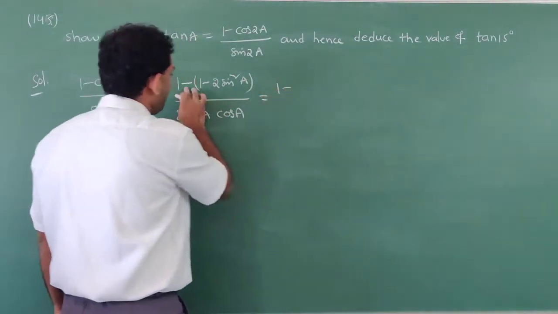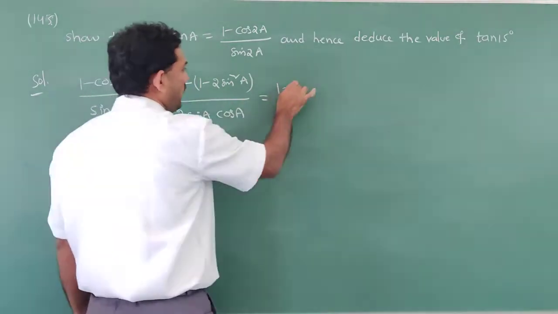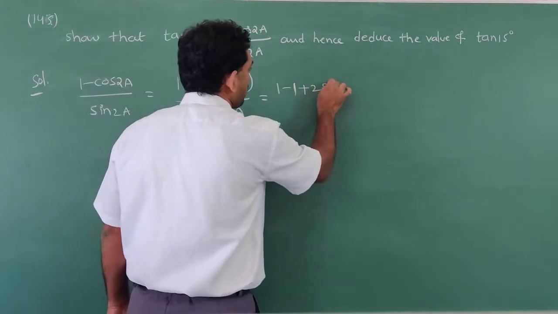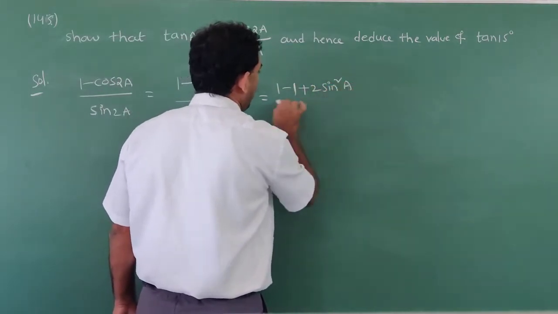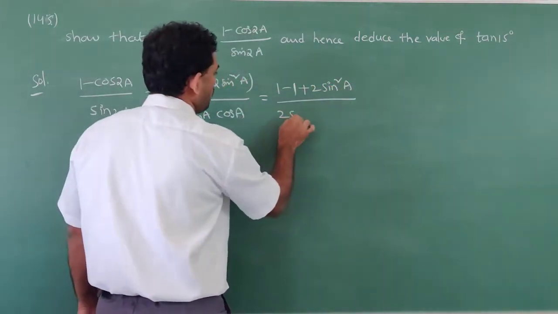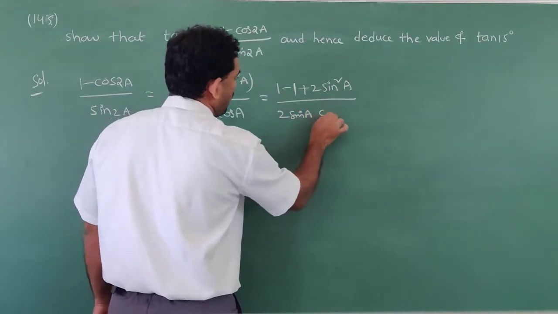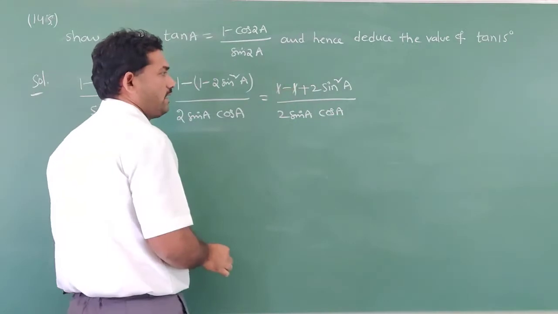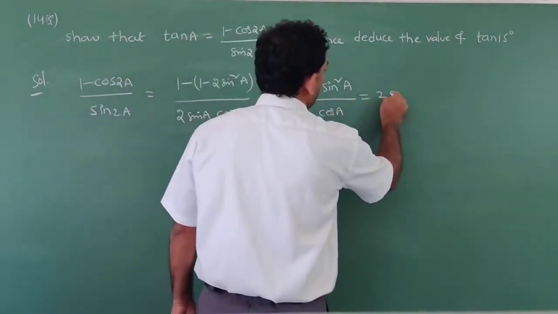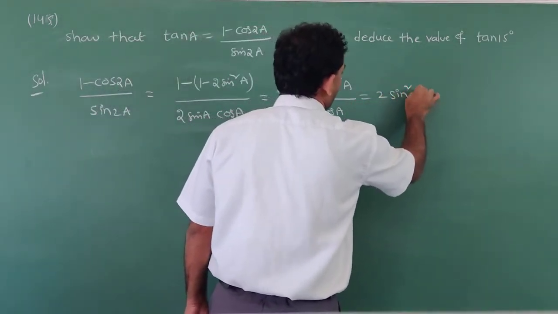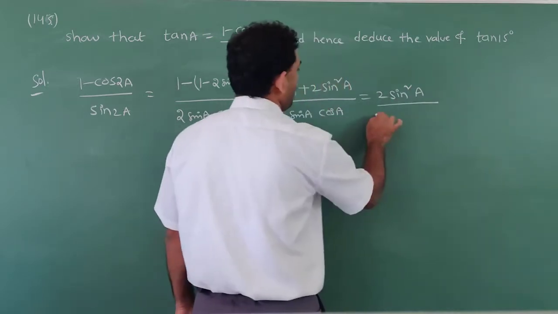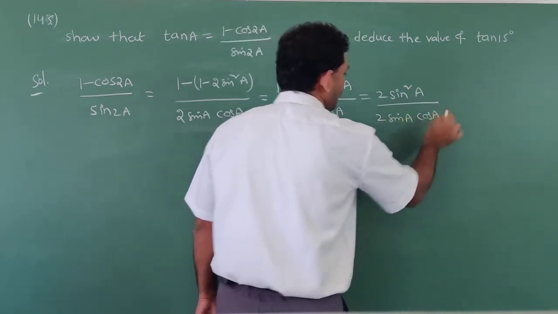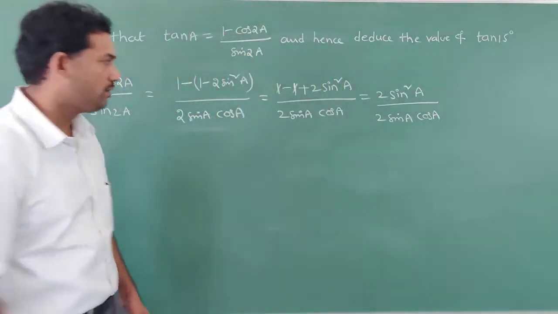1 minus is multiplied, minus 1 minus plus 2 sin square A whole divided by 2 sin A cos A. Again, plus 1 minus 1 cancel, remaining 2 sin square A divided by 2 sin A cos A. Then you simplify.